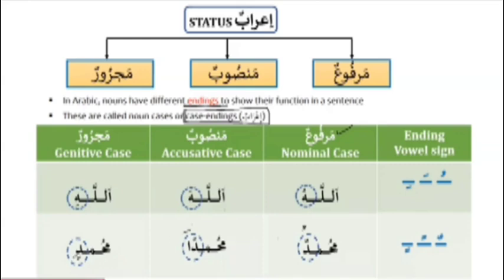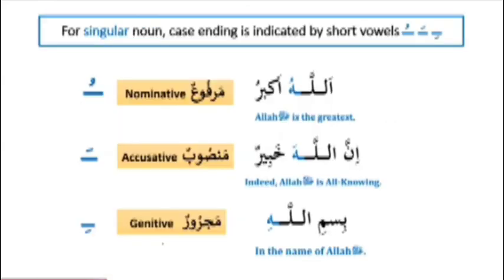Grammatically, we will say that the word Muhammadun is marfu by dhamma, Muhammadan is mansoob by fatha, and Muhammadin is majroor by kasra. So we will only rely on dhamma, fatha, and kasra, no matter whether the noun ends with dhammatain or fathatain or kasratain.